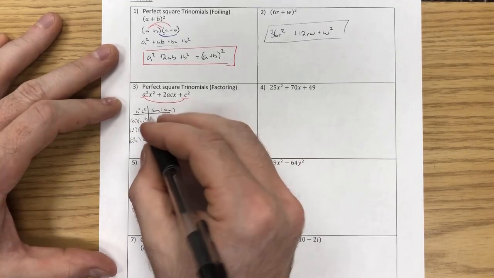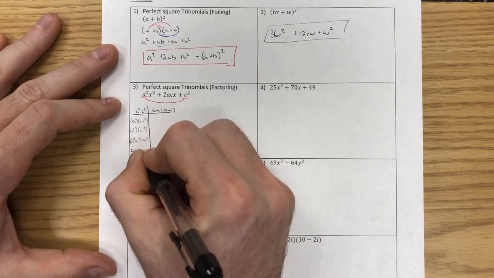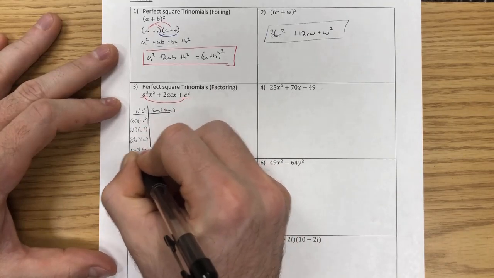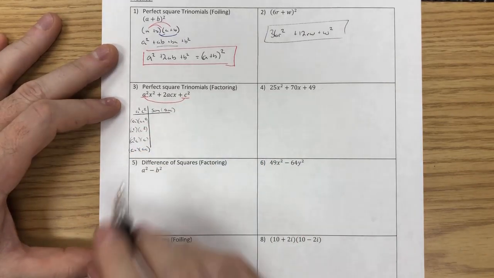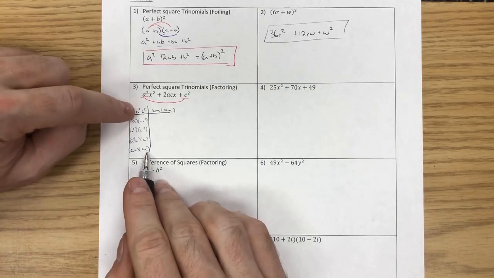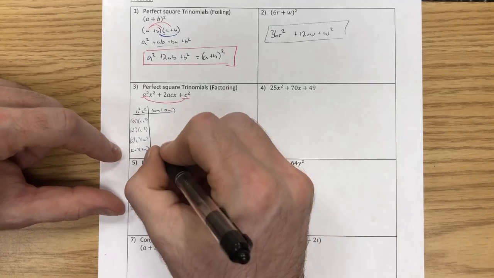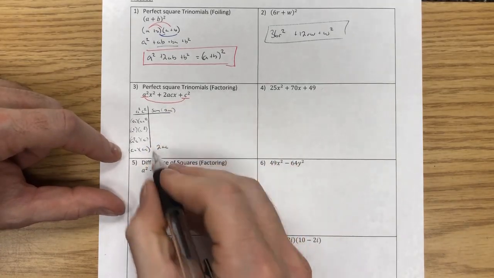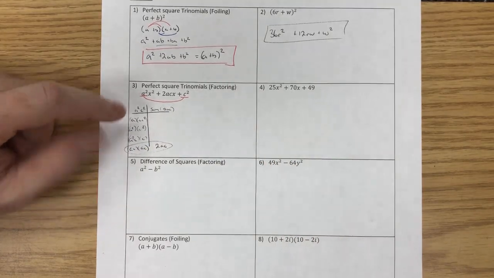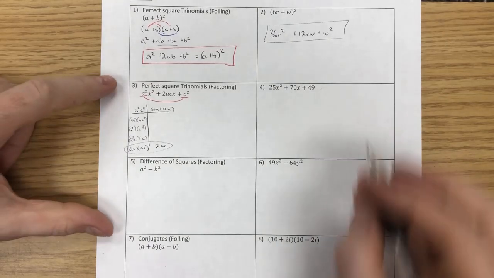But the one that we're after right here is going to be ac times ac, because ac times ac is a squared c squared. And if I add these two together, I get 2ac. So I know how I'm going to split that middle term up.